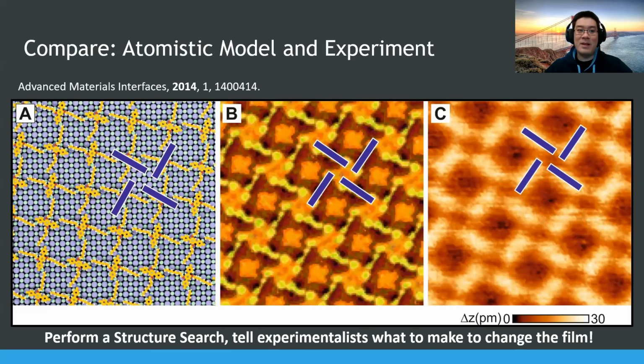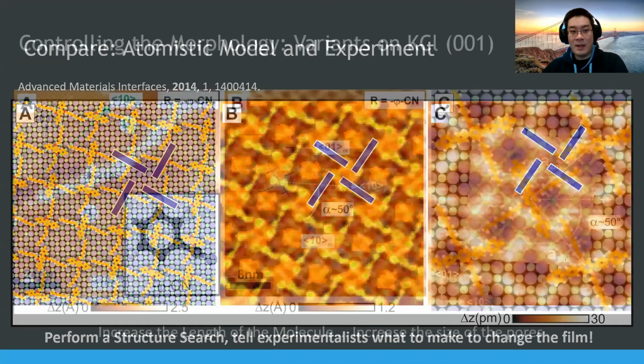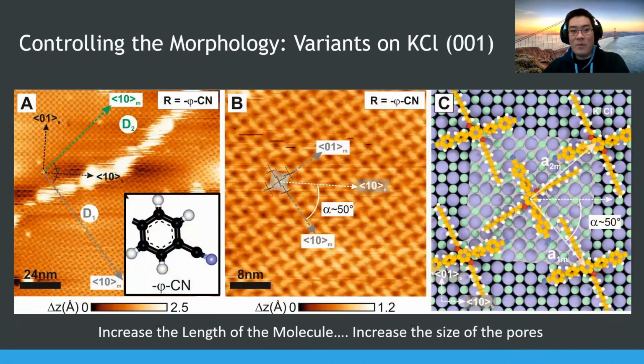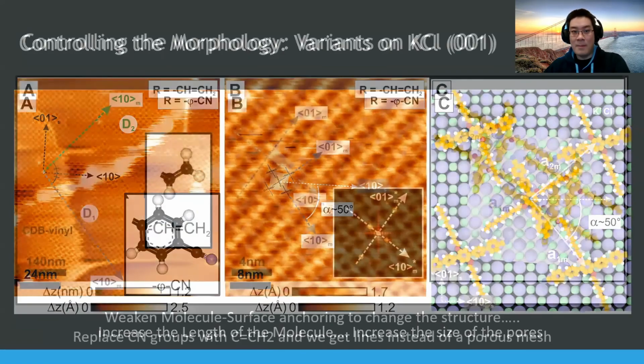For example, the CDB molecule with a cyano group on the end creates these nice porous net-like structures. However, if we want to change the size of the pores, we can elongate the backbone by adding more rings to the backbone. So increasing the length of the molecule increases the size of the pores.